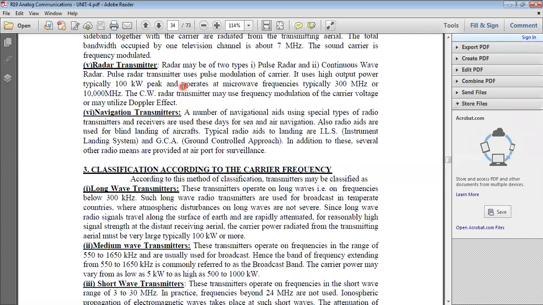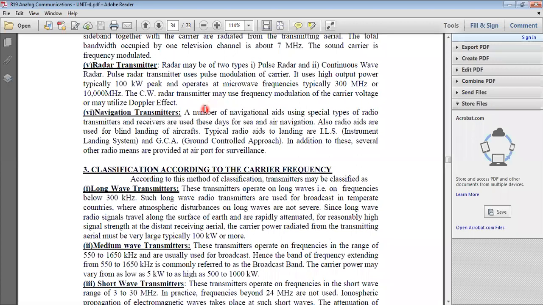So the important point is that there are two types of radar transmitters, pulse radar and continuous wave radar. In pulse radars, pulse modulation is involved, and the carrier uses microwave frequencies, that is 300 megahertz to 10,000 megahertz.